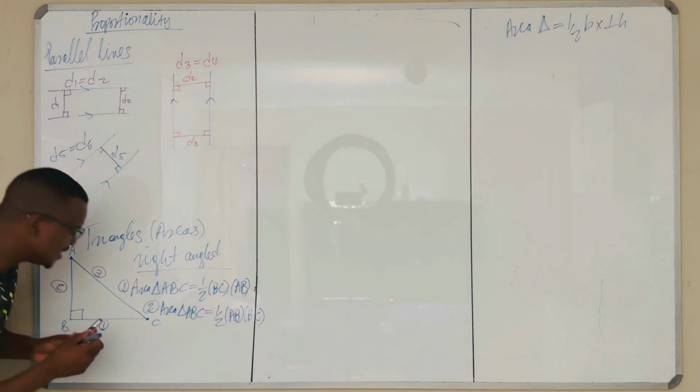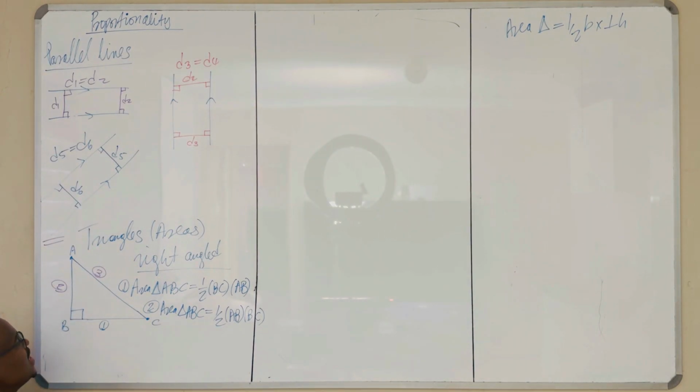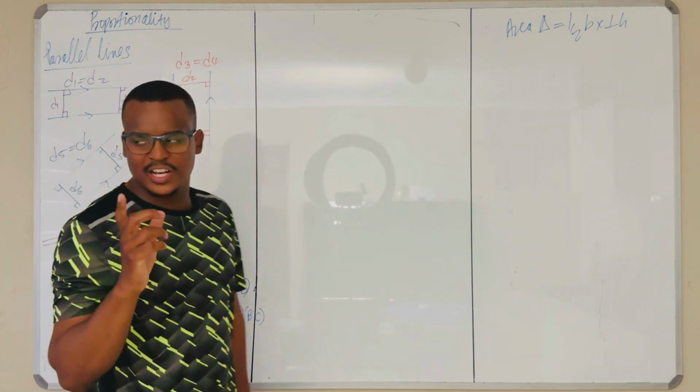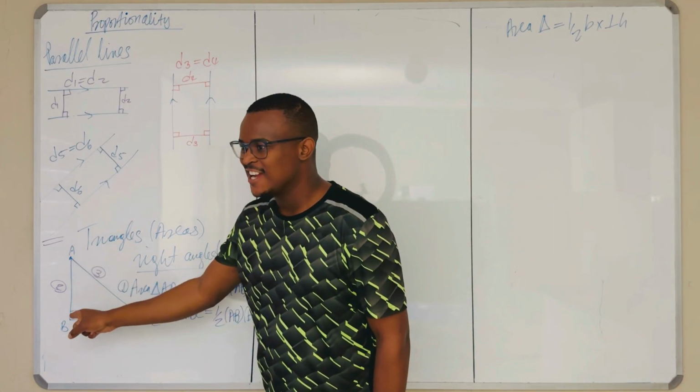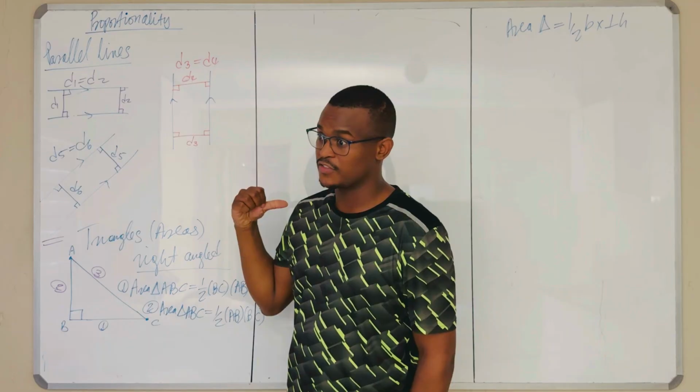Okay. So in this case, here's what you need to pay attention to. You said this is the half base, right? Yes. Times perpendicular height. Yeah. Half this base times perpendicular height. For the second one, you say half this base times this perpendicular height. What you need to understand, what is common in both of these perpendicular heights of yours, they start from your base and go to the third vertex of that triangle.